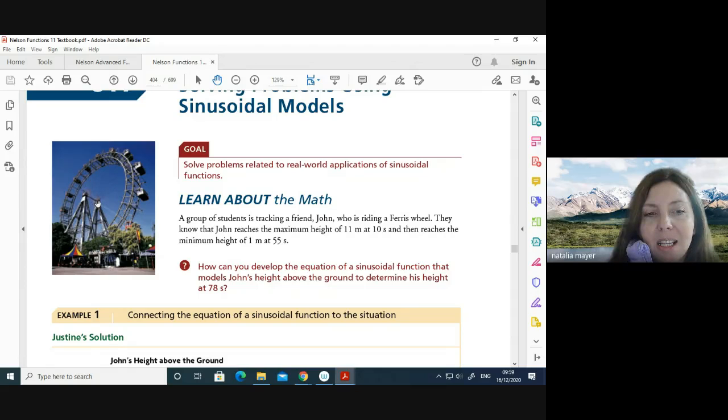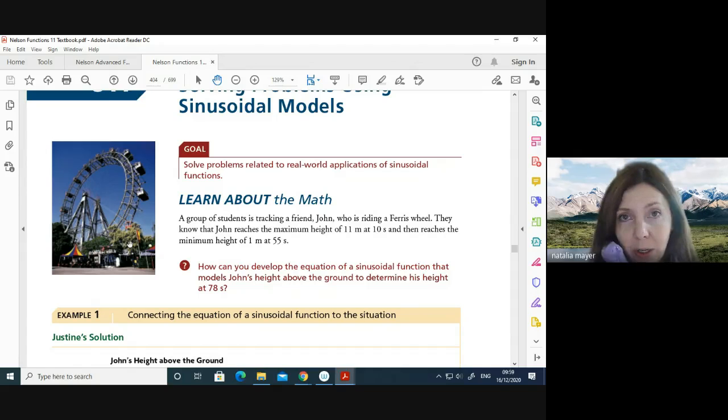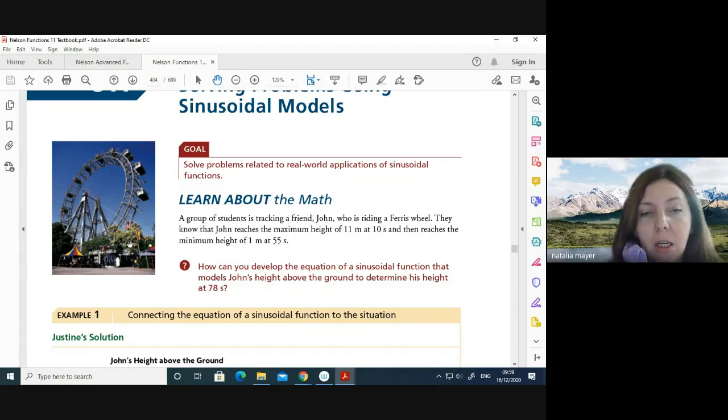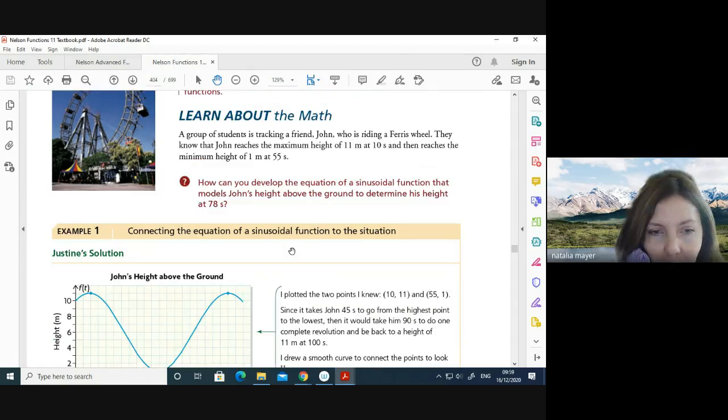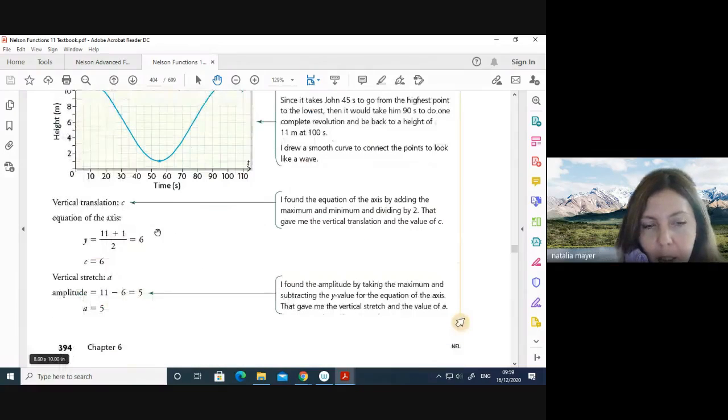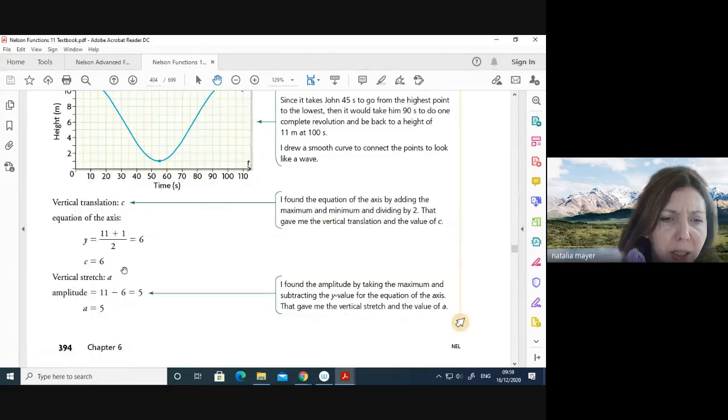So this is 6 meters off the ground, okay? And for our modeling part, it's important to realize that 6 meters is the axis. Great. If you check the textbook, this is exactly what they did as well. By using minimum and maximum, they found amplitude and the equation of the axis, right?